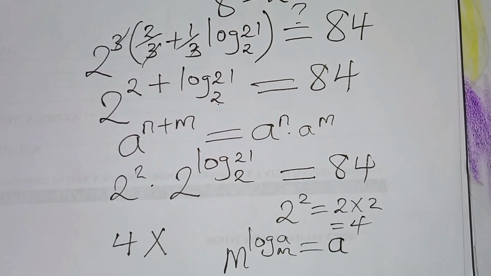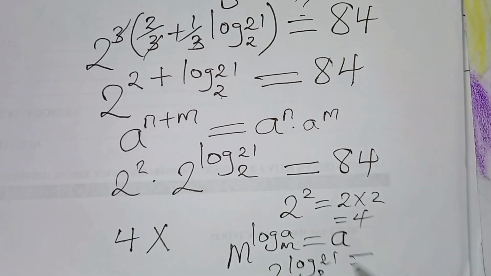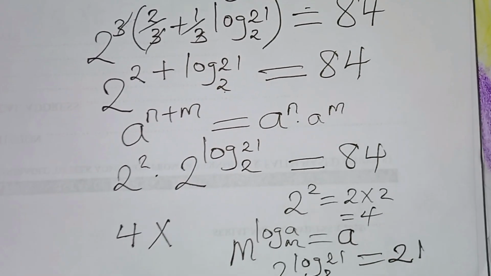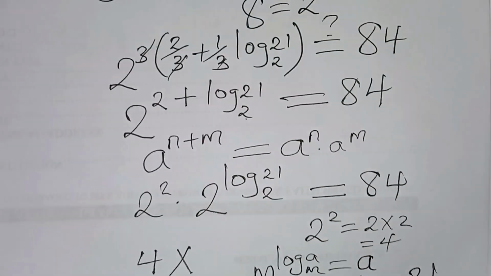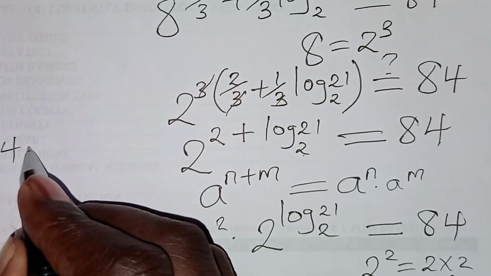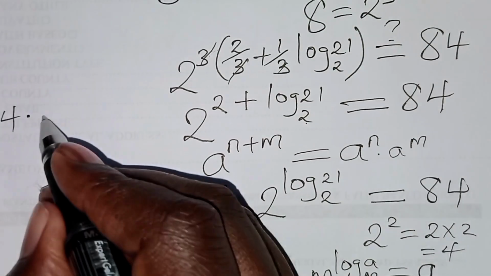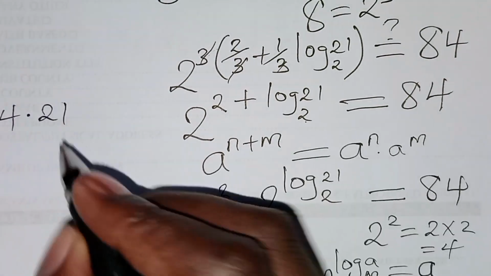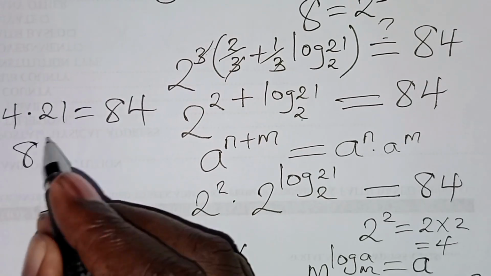So that implies that 2 to the power log 21 to base 2 gives us a value of 21. So let's substitute this here. So here we have 4 times 21. This should give us a value of 84. So 4 times 21 is 84.